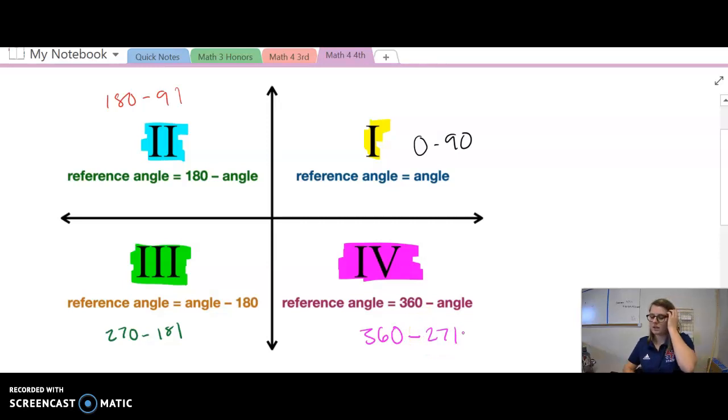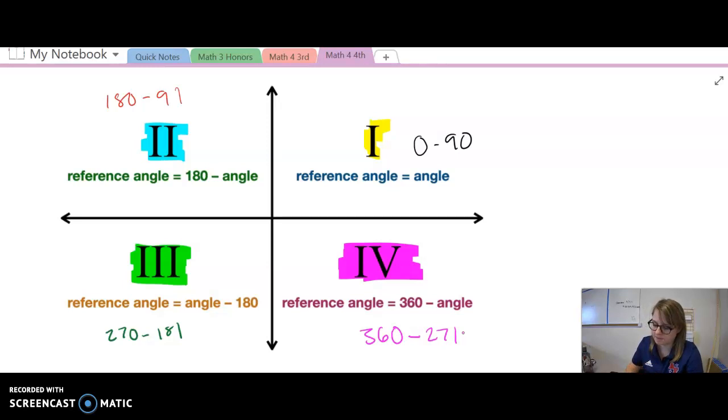Okay? So that's when you're going to use each of these formulas. Alright? So if it's anything bigger than 360, you're going to use that trick that I told you in class. You're going to subtract 360 until it is less than 360. And then you can figure out which quadrant it is in, and then you can use the formula that coordinates with it.